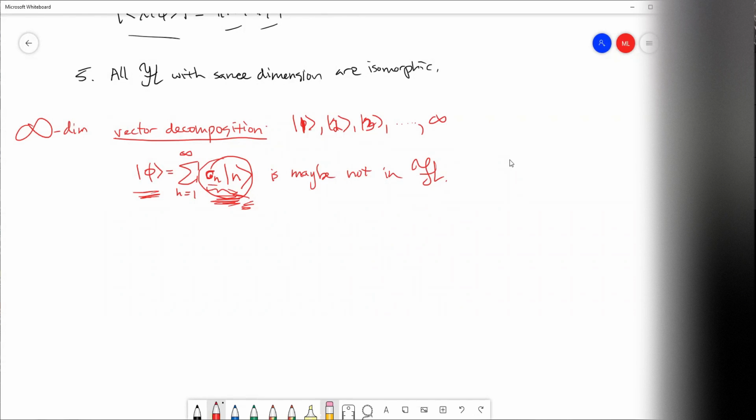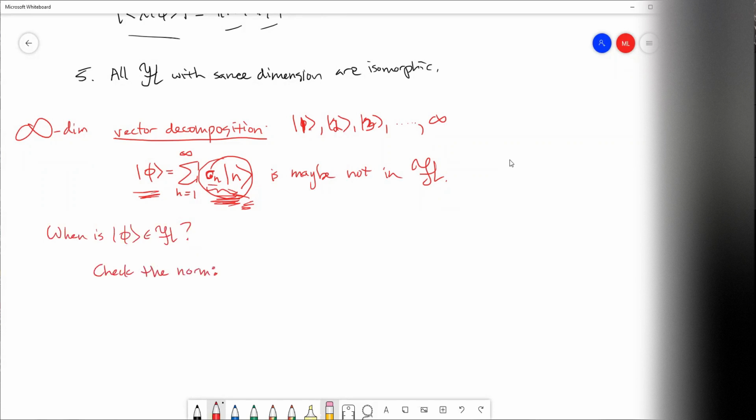So when does it converge? When is the limit in the Hilbert space? It's when the norm of this thing is finite. So you have to check the norm, check the size of the vector.